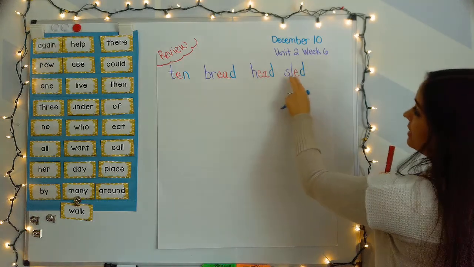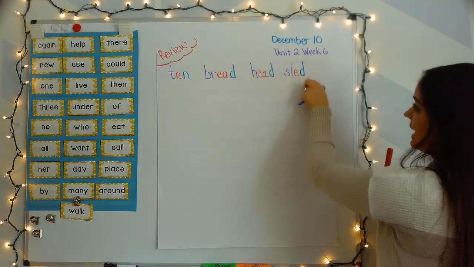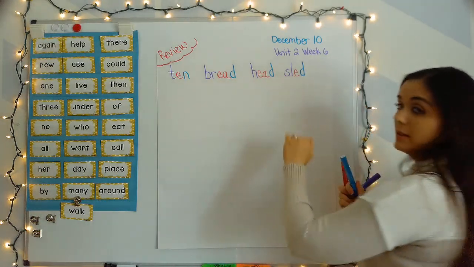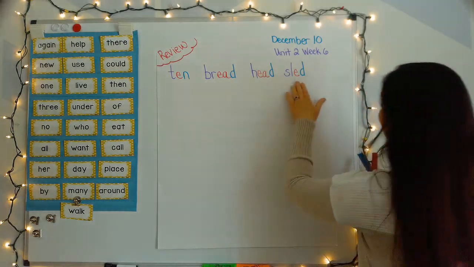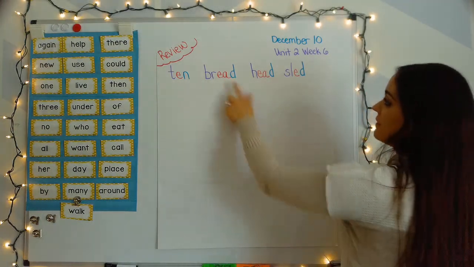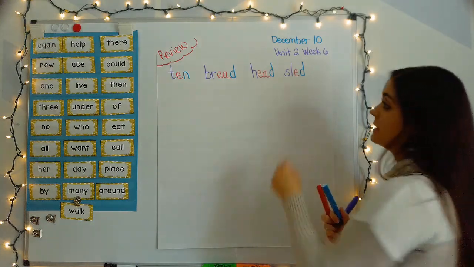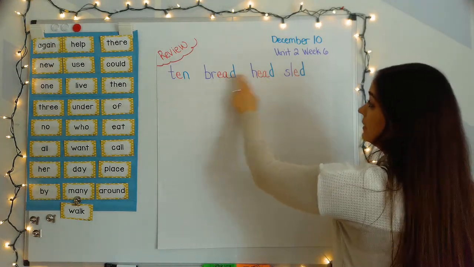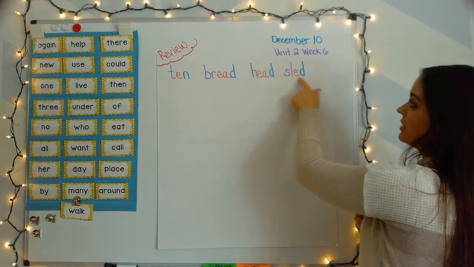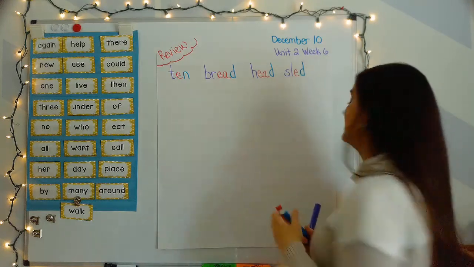And D says da, sl, ed, sled. So bread, head, sled, they all rhyme because they have that ed at the end. Now in bread and head, it's spelled differently, but it's still the same sound.